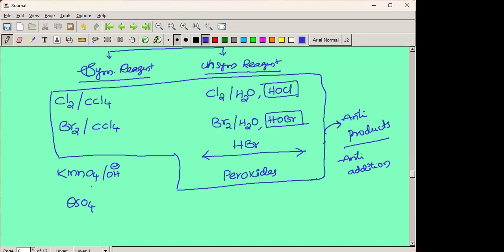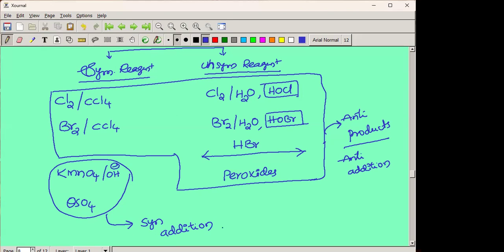Other than these reagents, if we utilize the other reagents, they can result in the formation of syn addition. So the addition is symmetrical addition, and the products are considered syn products.